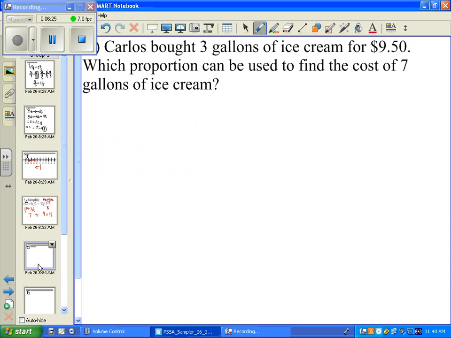Carlos bought 3 gallons of ice cream for $9.50. Which proportion can be used to find the cost of 7 gallons of ice cream? So we're talking proportion. It's important that you keep it straight, but we can talk about gallons, and we can talk about price.